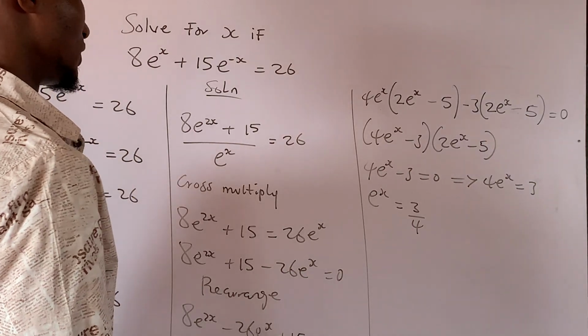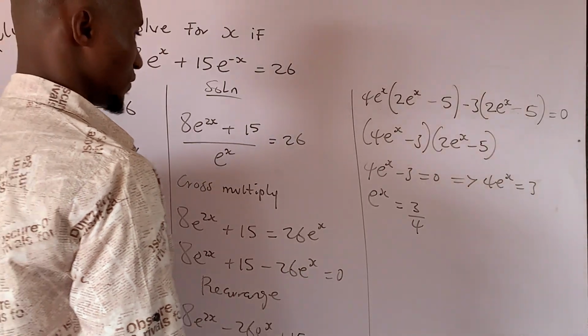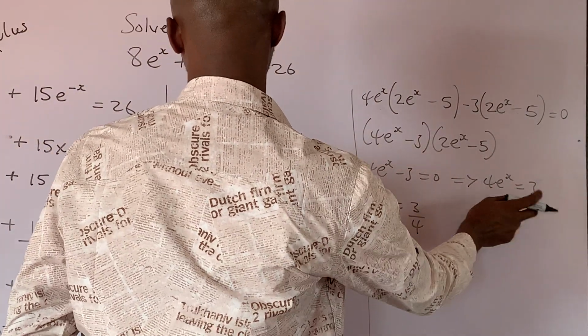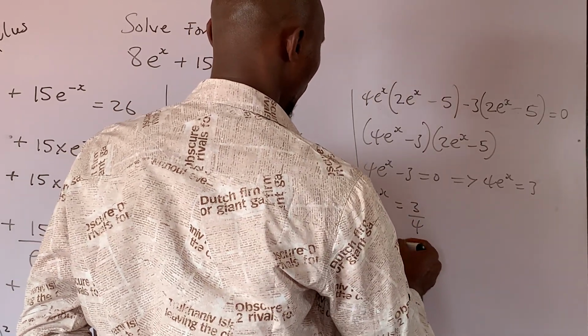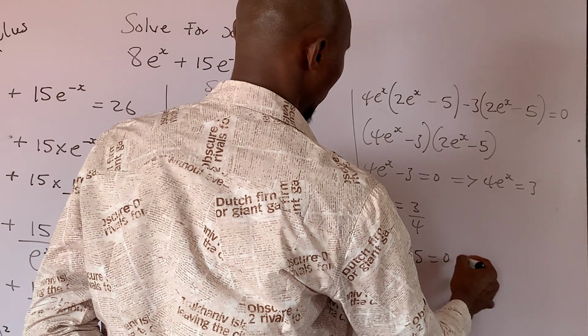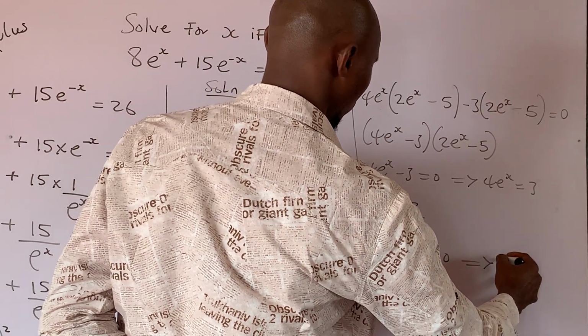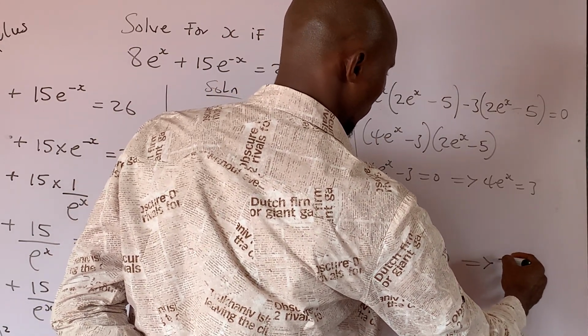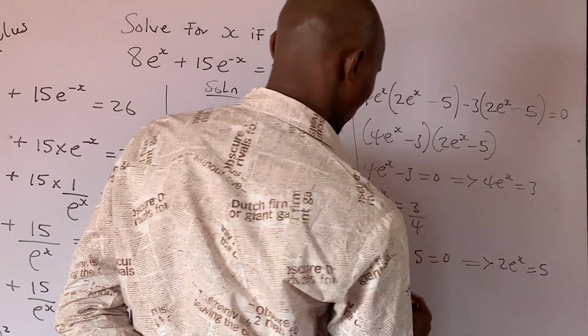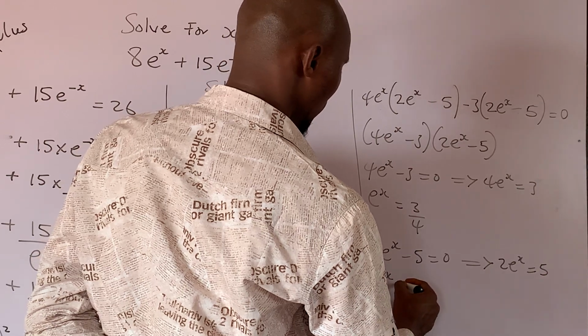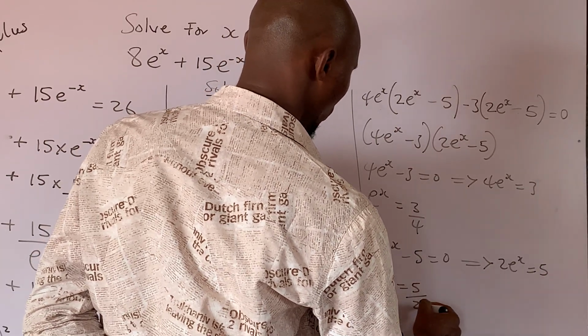The other one, we have 2 exponential minus 5 equals to 0, which implies that this is equal to 5, and exponential function here is equals to 5 over 2.